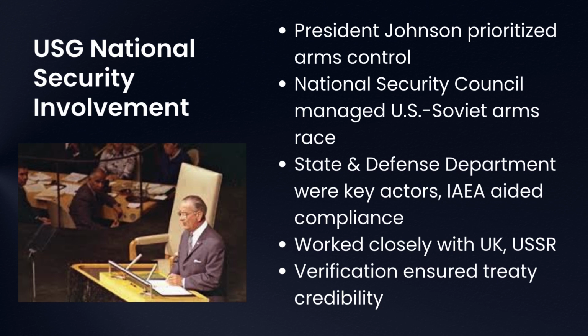One key partner was the International Atomic Energy Agency, or the IAEA, which was given responsibility to inspect nuclear programs and verify treaty compliance. The US also worked closely with the UK and Soviet Union, showing rare cooperation during the Cold War. Their collaboration made the NPT possible and credible.